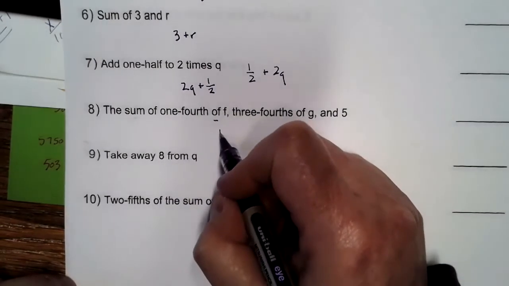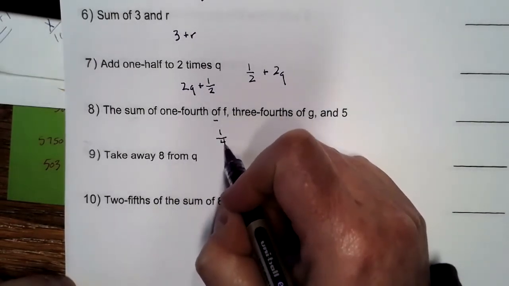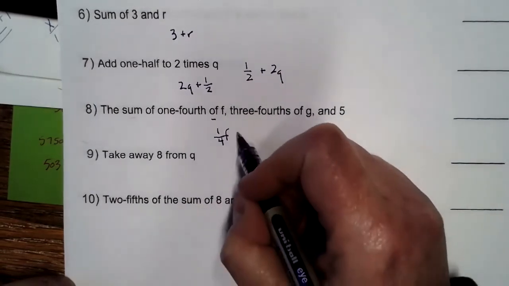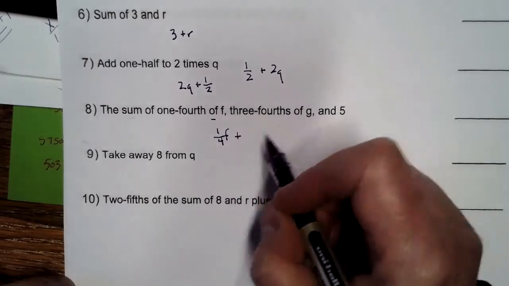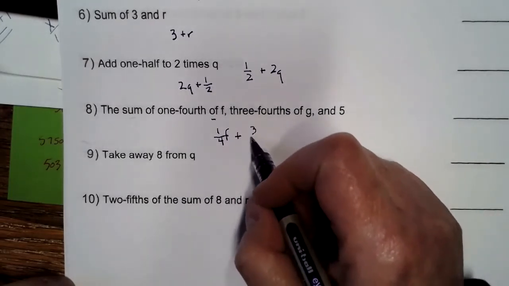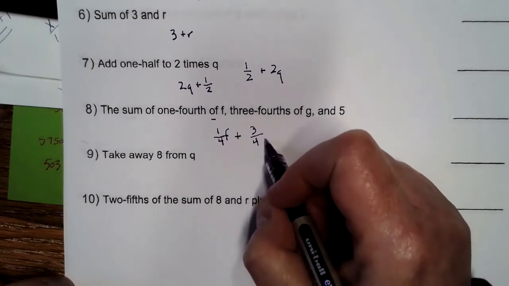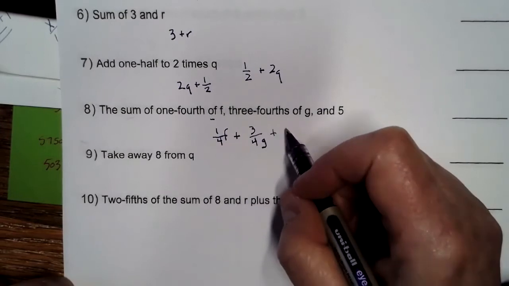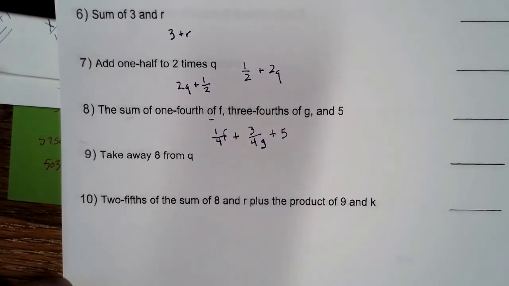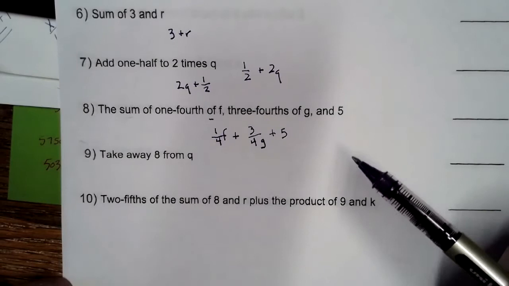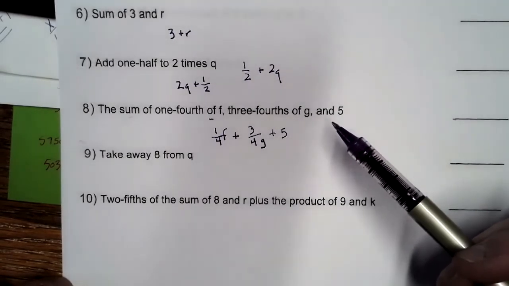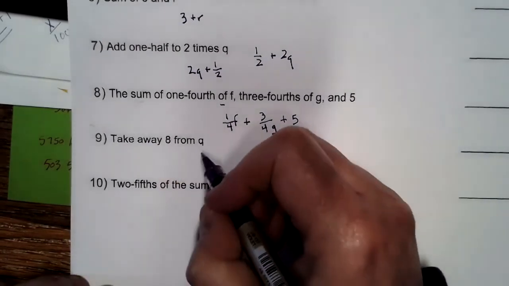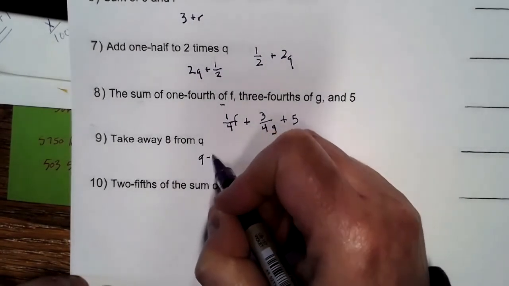So 1/4 times F plus 3/4 of G, so 3/4 times G, 3/4 G, and plus 5. So 1/4 F plus 3/4 G plus 5. Take away 8 from Q, Q minus 8.